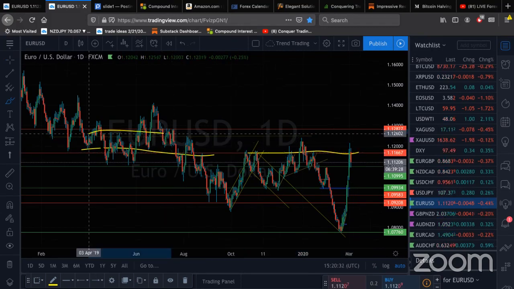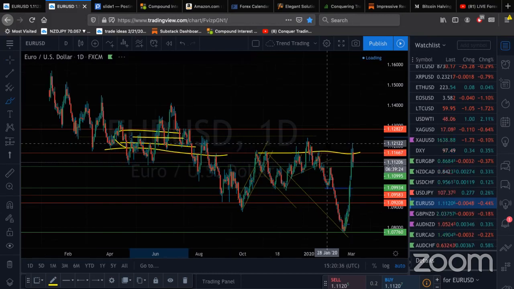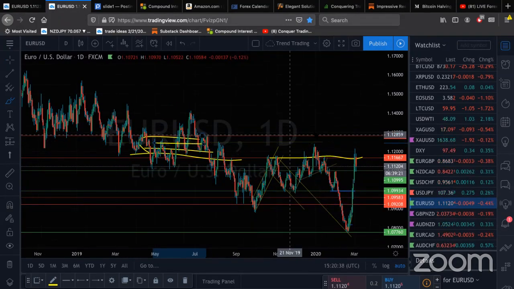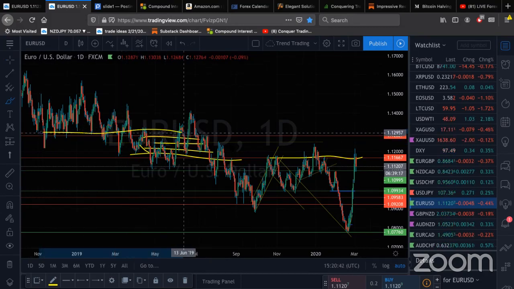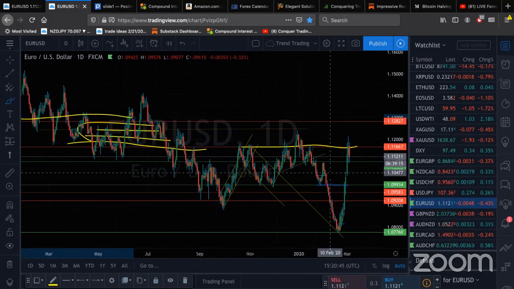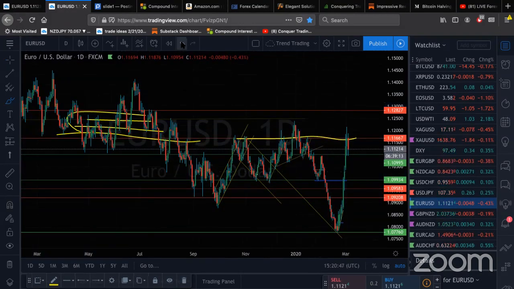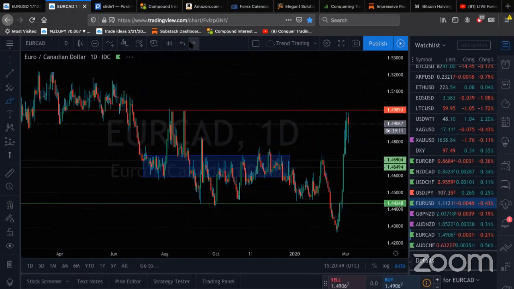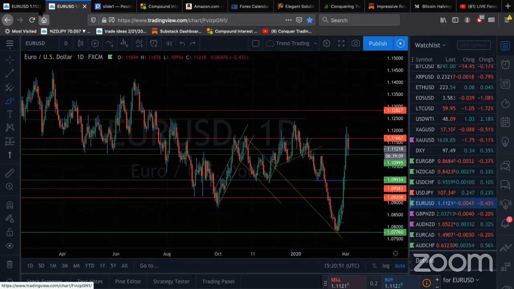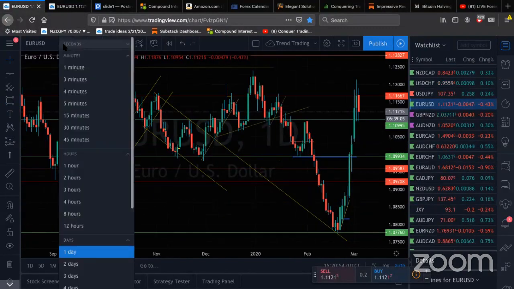And this is a lot of supply over here, right? So it's not going to be easier for it to get through. And then over here again, you've got some pretty strong resistance. So I hope on the next look, I hope we get another look at that support, and I hope she blows through her.